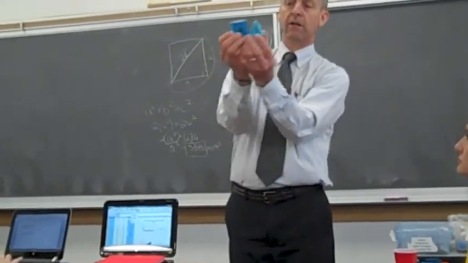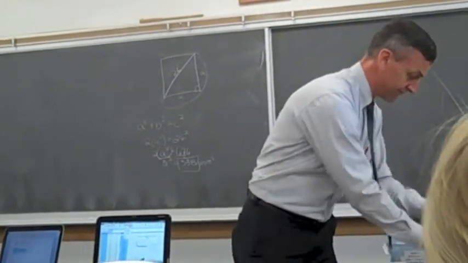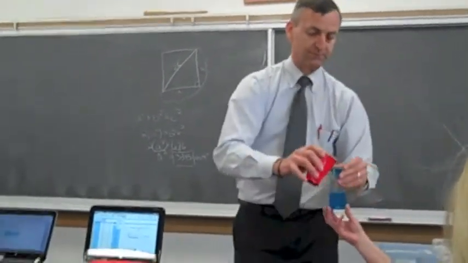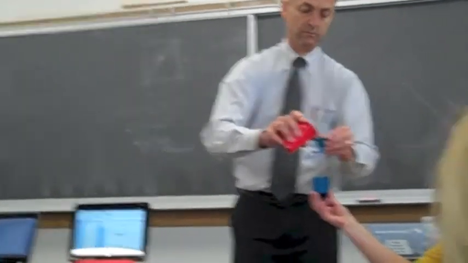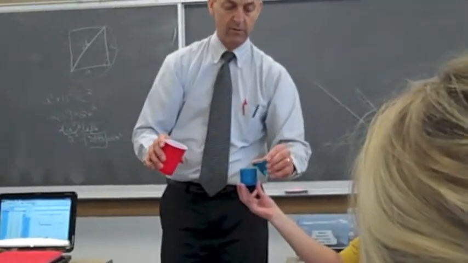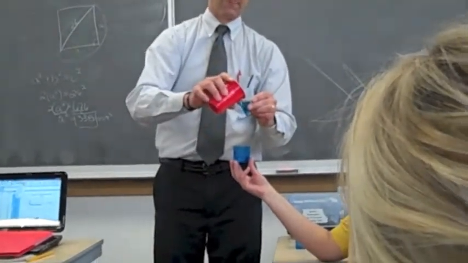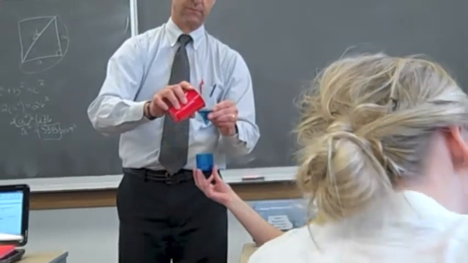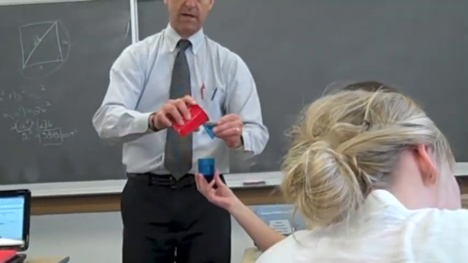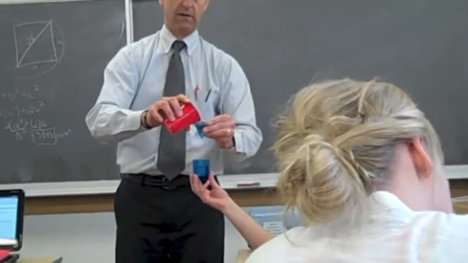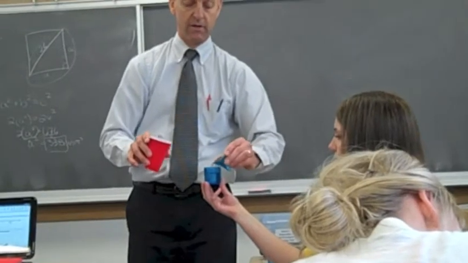Their heights are identical, so how many cones will fit in a cylinder of equal base and height? 3. 2 and 3.